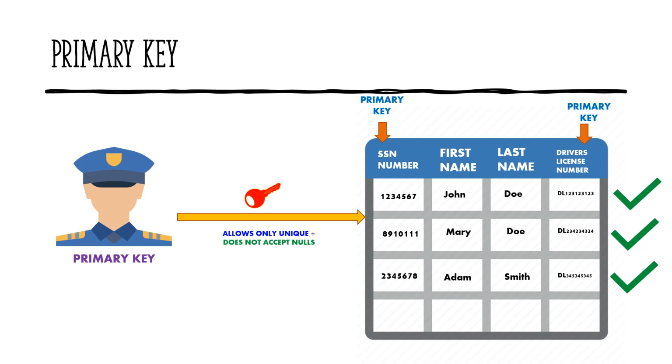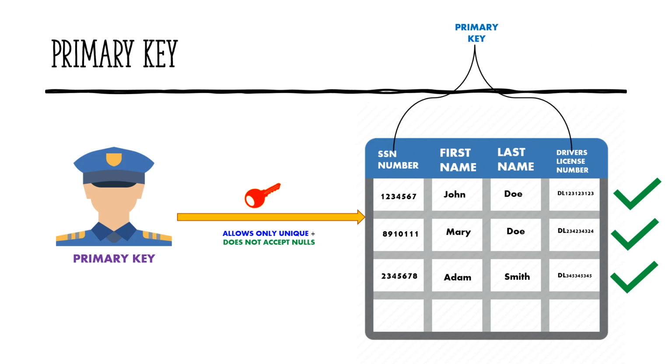So you might think at this point that you can define a primary key even on the driver's license number, right? So in a table you can have only one primary key, but if you still want to use the SSN number and the driver's license number to be a part of the primary key, you can do it.